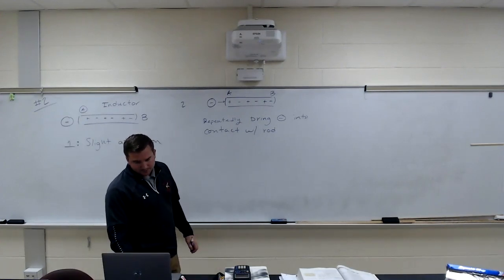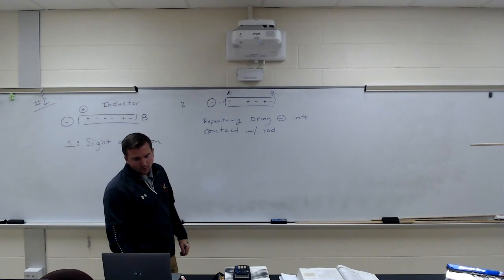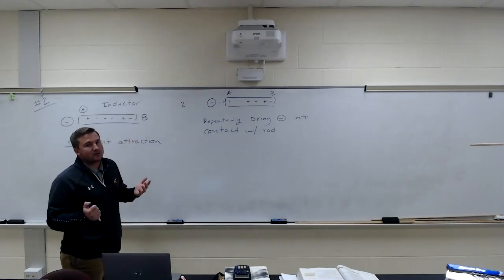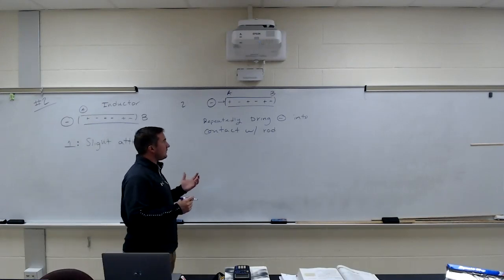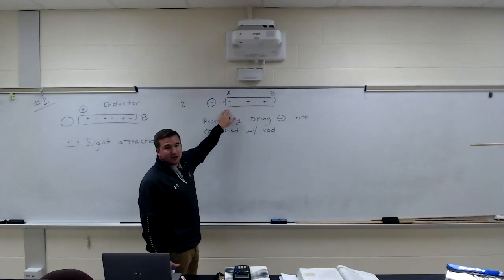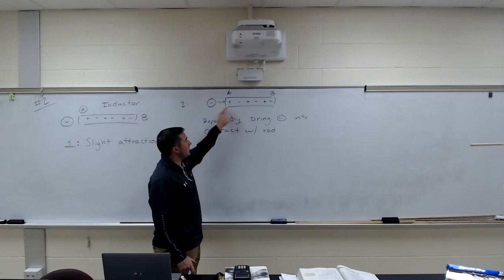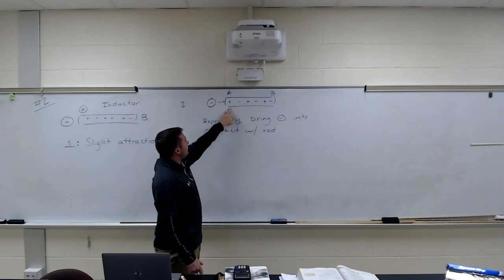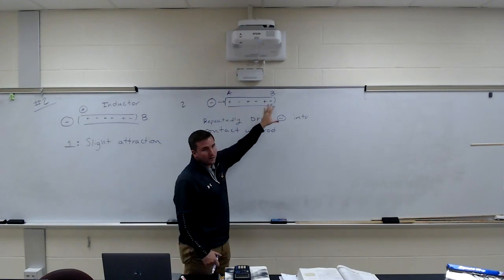In this case, because we're working with an insulator, how is the charge on the rod contained, or what is the charge on the rod? When we touch it, the electrons are still transferred, but because this is an insulator, the negative particles can't flow and spread throughout.